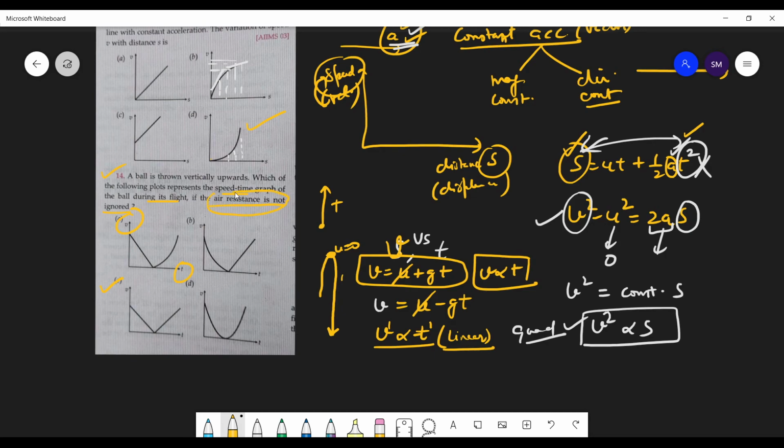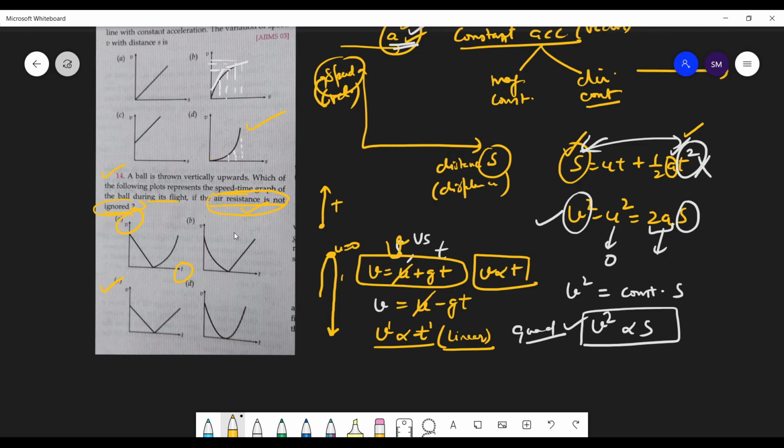So this part we have not studied, that air resistance is not ignored. So you are considering air resistance also. Okay, then, so if air resistance will be there, then what will happen? With air resistance.